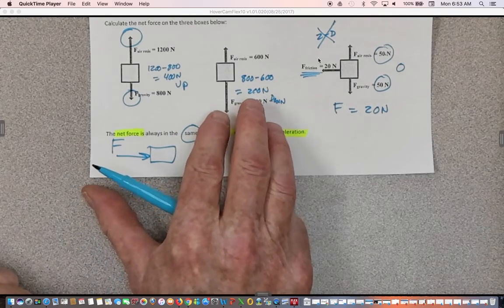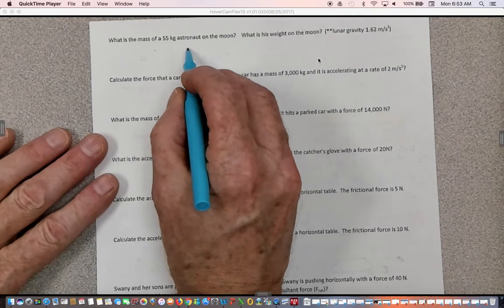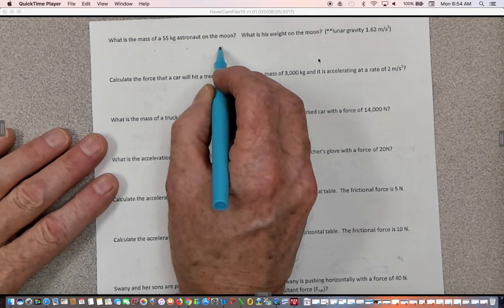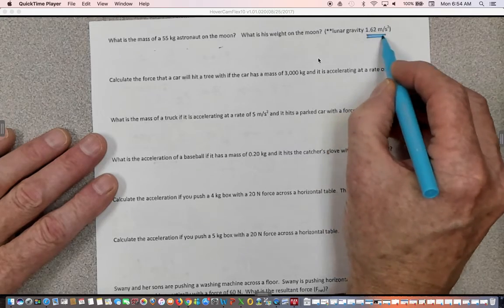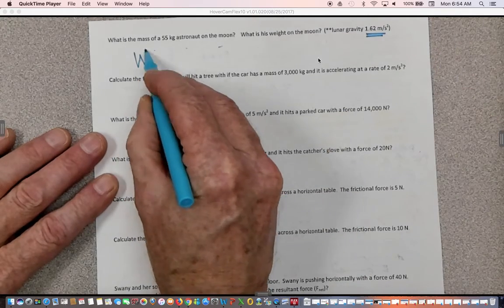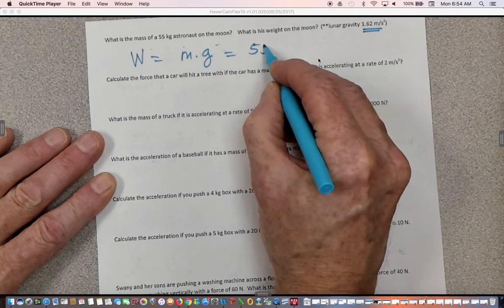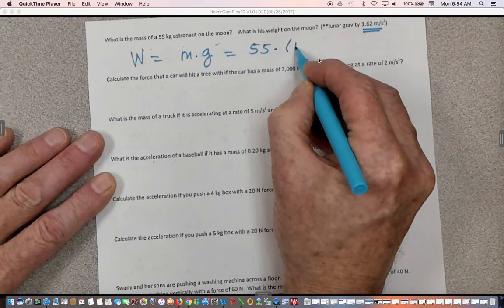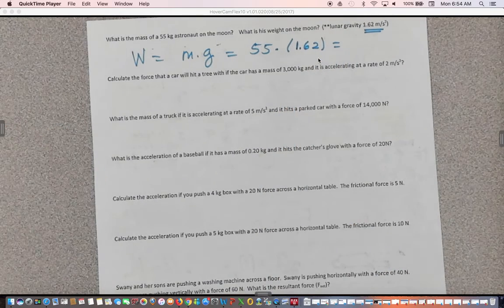Flipping the paper over. What is the weight of a 55 kilogram mass on the moon? Well, gravity is 1.62 and weight is mass times gravity. So if you take 55 times 1.62, you'll get an answer.